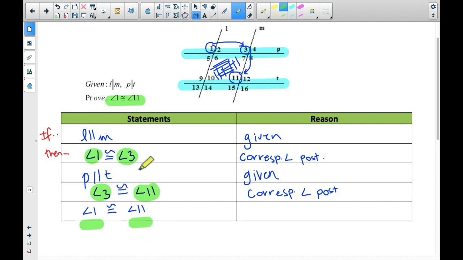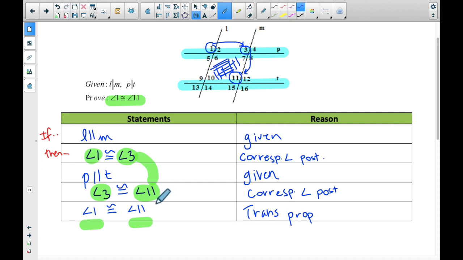I took these two and I basically put them together and I came up with this. Do you remember what that's called? I call it like when you cut out the middleman, like we're going to cut out the middleman of that angle 3. That's called the transitive property.